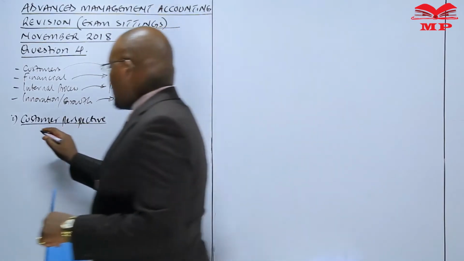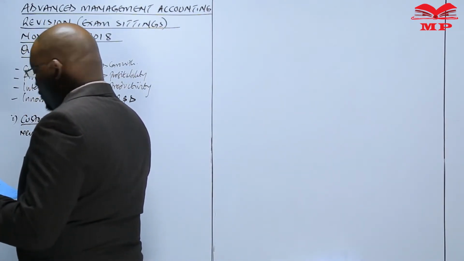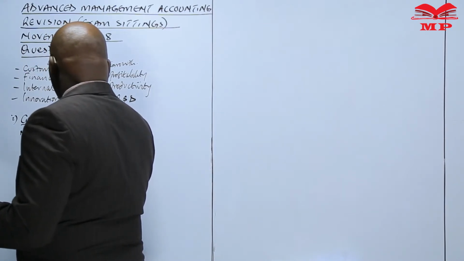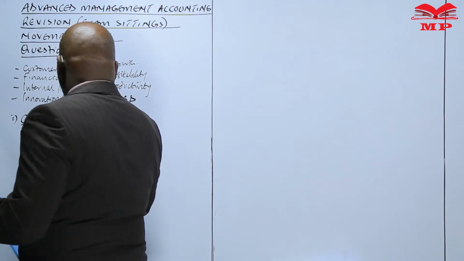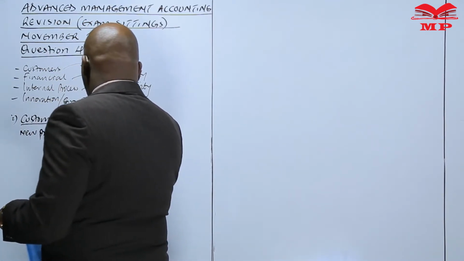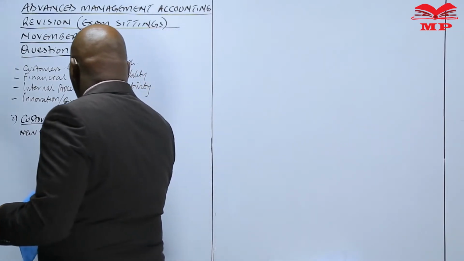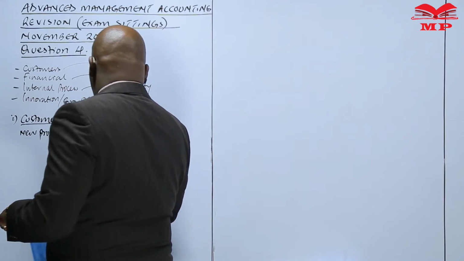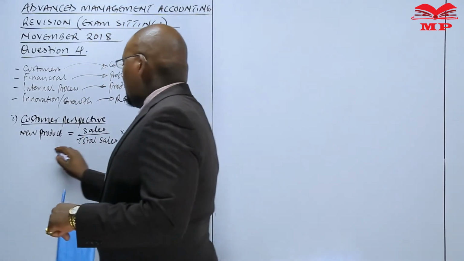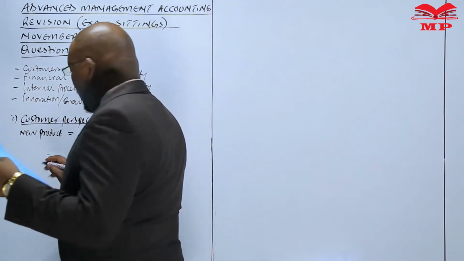So should we want to say this is new product sales, we look at the sales divided by total sales, times 100. If you take the new product sales, it is actually 125,000.